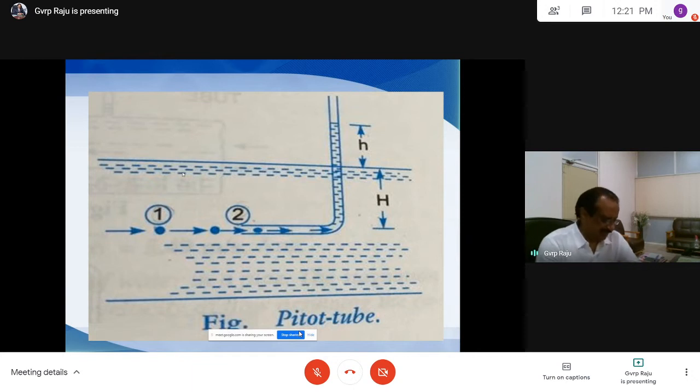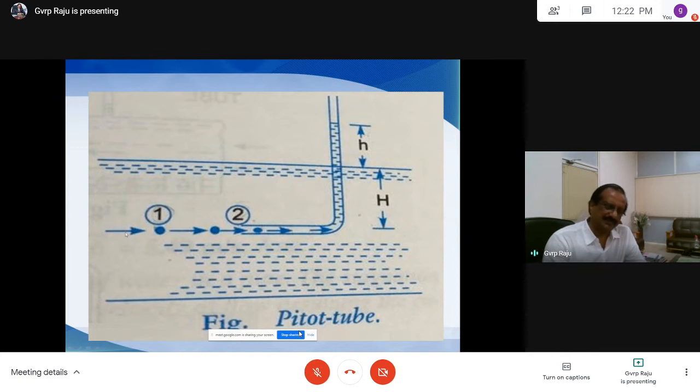So the principle is that the velocity of the flow at a particular point is reduced to 0, which is known as the stagnation point. What is meant by stagnation point? Water stagnates. The stagnation point is the point at which the velocity is 0. As we have reduced the velocity to 0, this point is called the stagnation point.